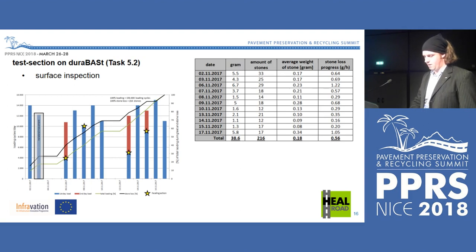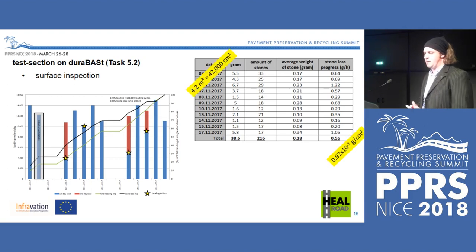We had an area of loading of 4.2 square meters. If I now calculate the total grams we received, we got a certain amount of grams per square centimeter. It's just a calculation.